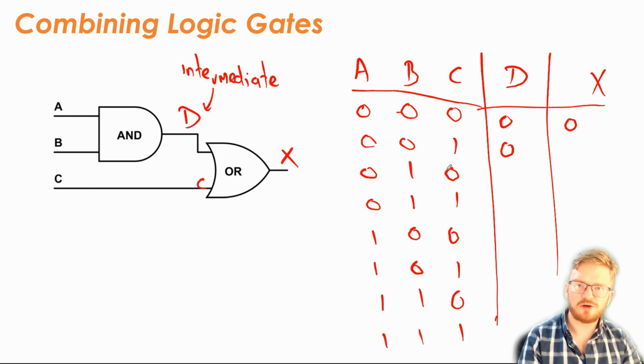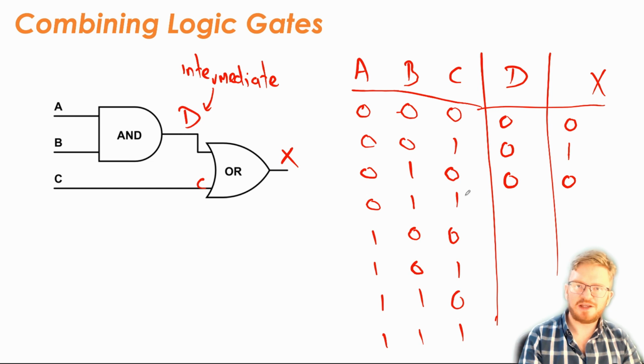D is 0, but C is 1, and this is an OR gate, so it will give true if either is true, so X will be 1. For this one, when B is 1 and A is 0, point D, this is an AND gate, so it will still be 0. Now I can just look back to my previous answer. I know when C is 0 and D is 0, X will be 0.